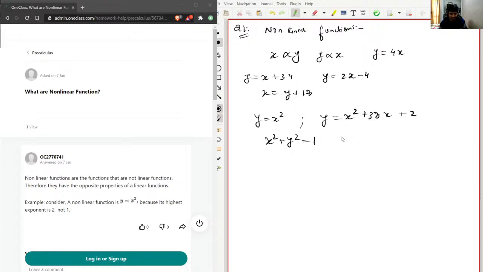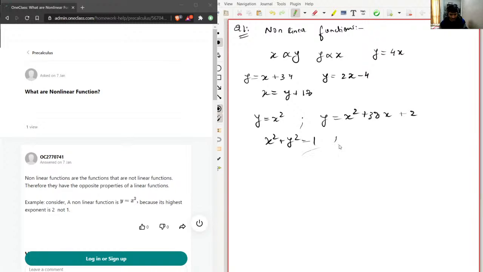For a nonlinear equation, the power of the exponents is not equal to 1. For example, a nonlinear function is y equal to x square because its highest power exponent is 2, not 1.